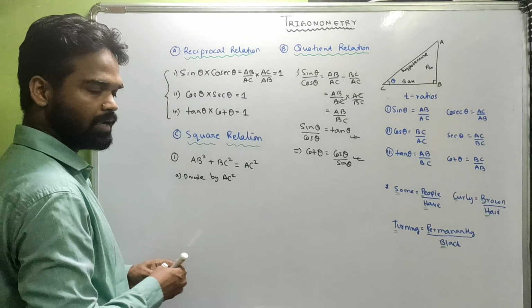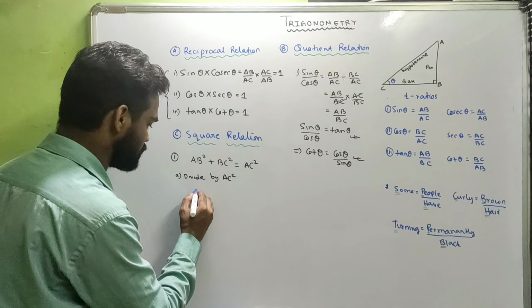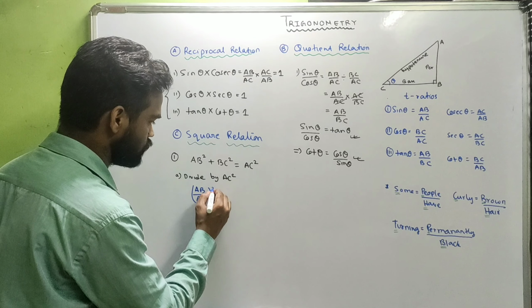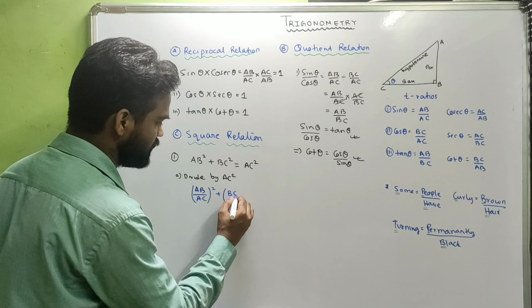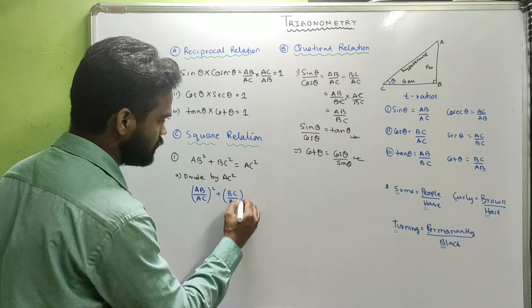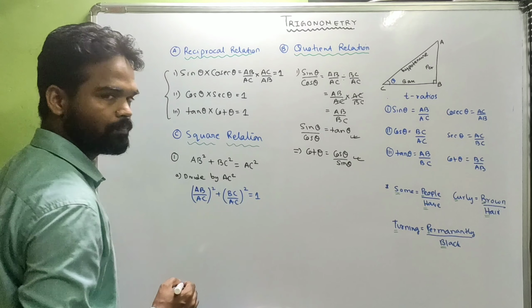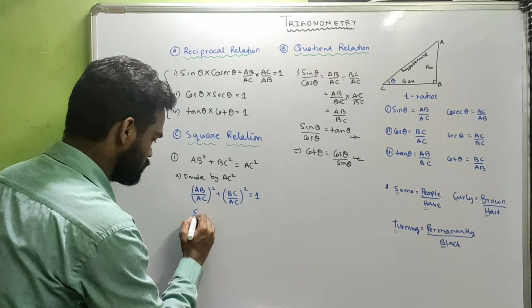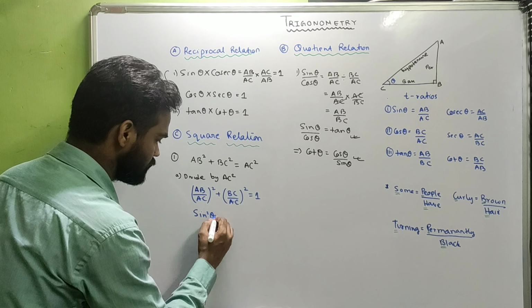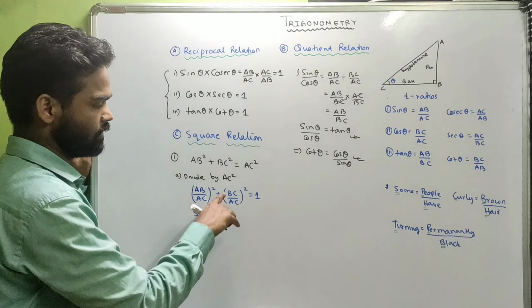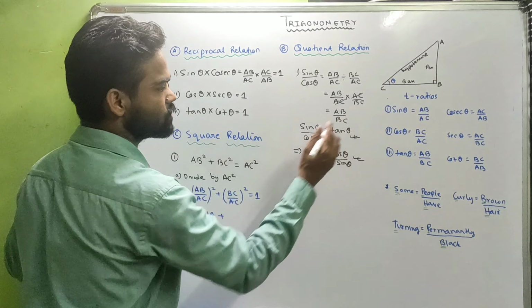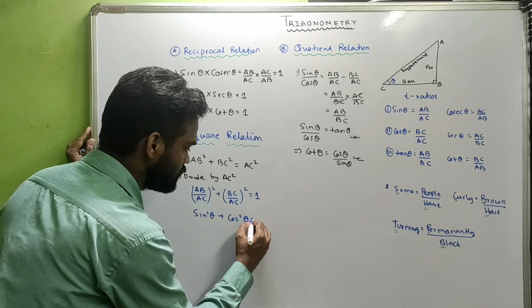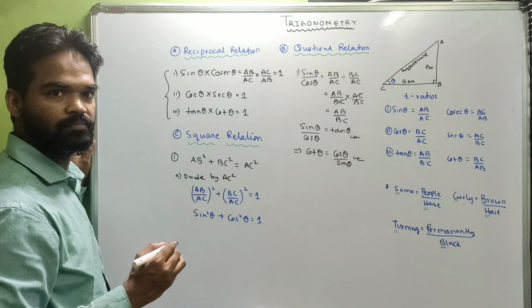So it becomes AB by AC whole square plus BC by AC whole square is equal to 1. AB by AC is sine theta, so this will be sine square theta plus BC by AC, which is cos theta, so cos theta whole square is cos square theta, equal to 1.